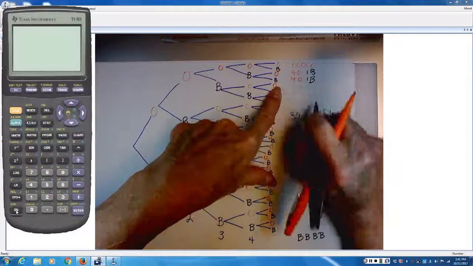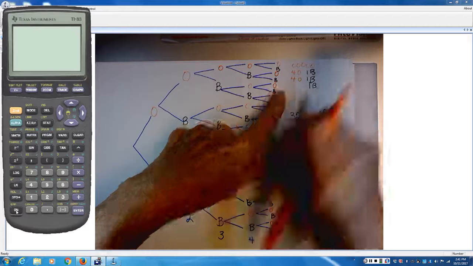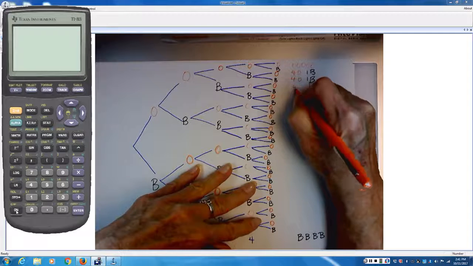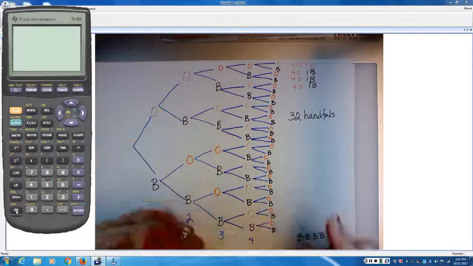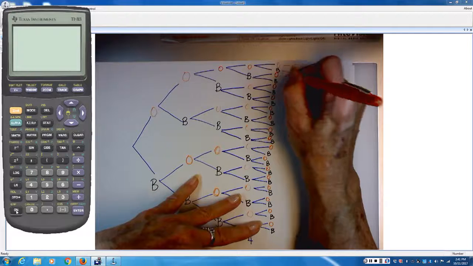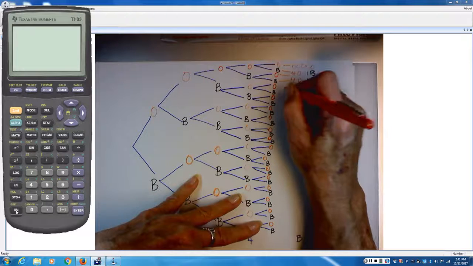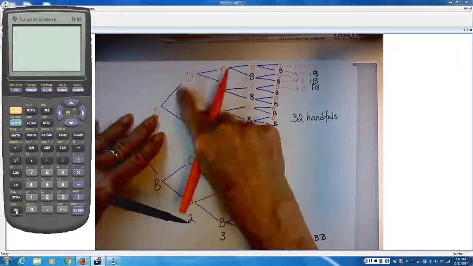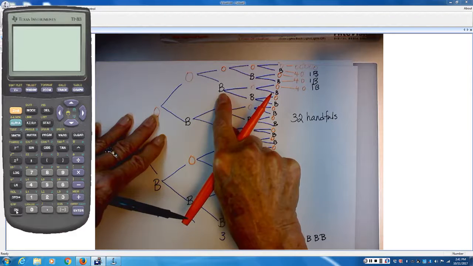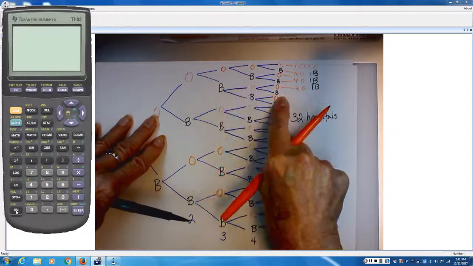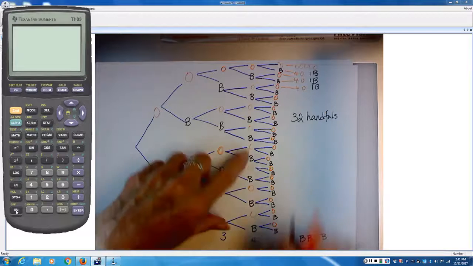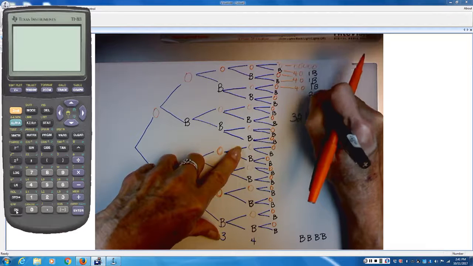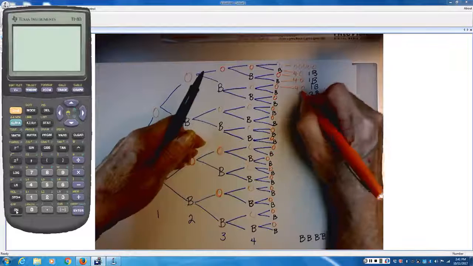So still 1 brown, 4 orange. So there's 1, 2, 3, 4, 5 of them. This one would be orange, orange, brown, orange, brown. So that would be 2 browns, finally. And 3 orange.